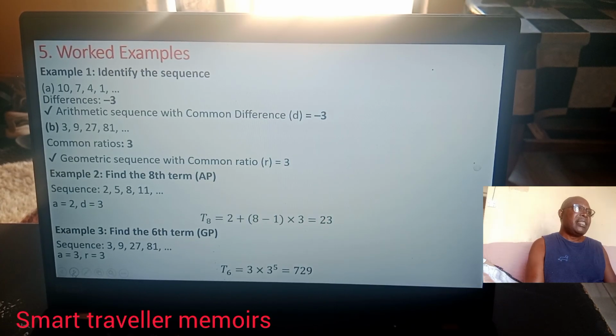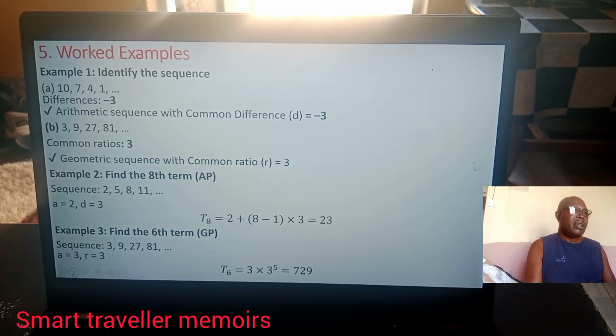So the sequence is an arithmetic sequence with a common difference equals minus 3. B: 3, 9, 27, 81. The common ratio is 3. It is a geometric sequence with common ratio r equal to 3.